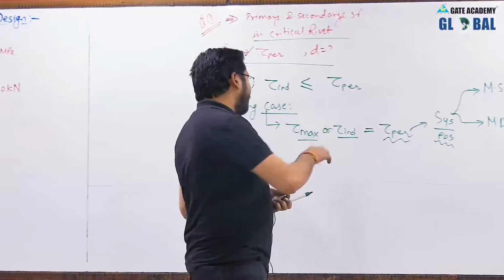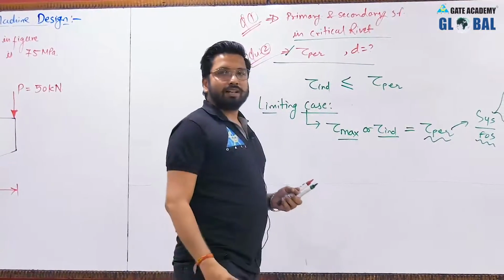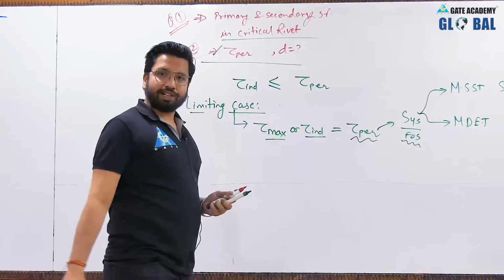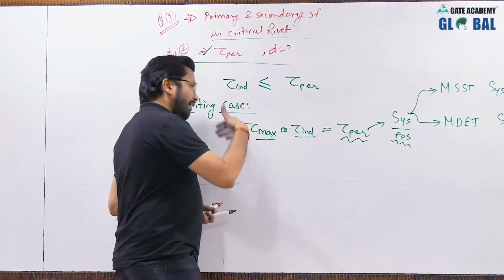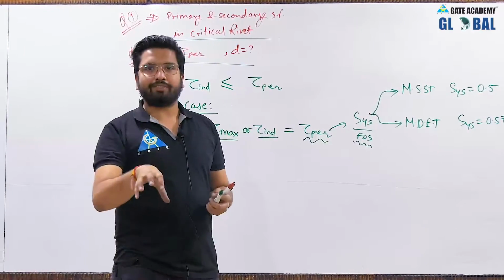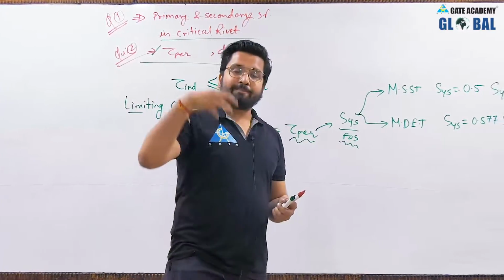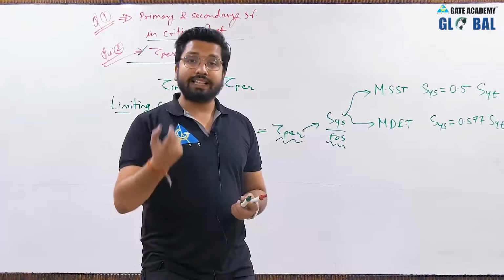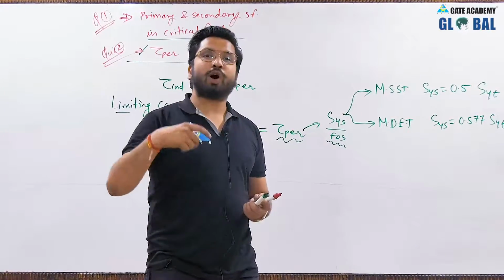In order to design, you will equate the permissible stress to the maximum induced shear stress, and using this you will calculate the least diameter. Whenever we use the limiting condition, we are calculating the least diameter which should be there in order to avoid failure.